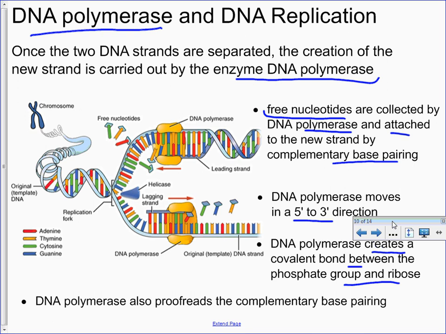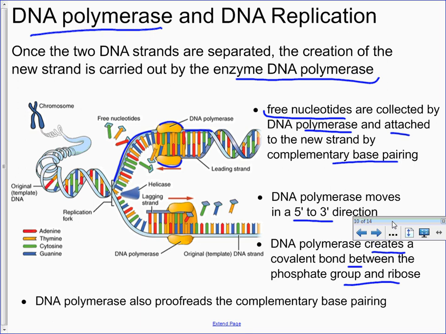So in our diagram here, if what I've outlined is our template strand of DNA, the DNA polymerase will simply attach onto the DNA molecule and start synthesizing that new strand.